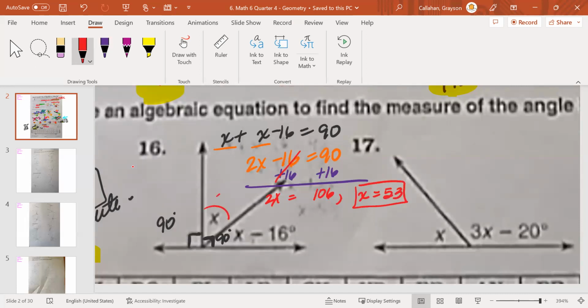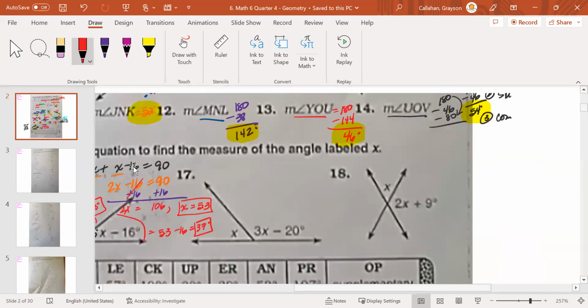So this angle is x, so that's 53 degrees. Do you see that? This angle right here is x minus 16, so 53 minus 16, so 50 minus 16 is 34. 34 plus 3 is 37 degrees. So those are your two angles. Do you see that? Okay.